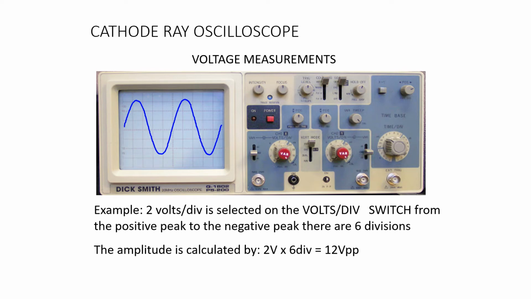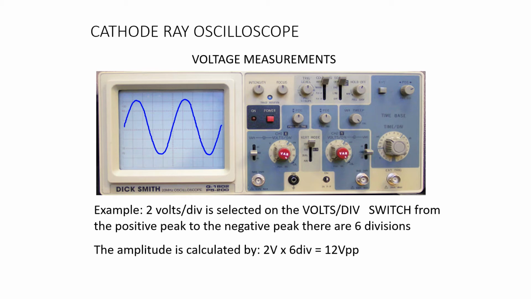The amplitude of this signal can be calculated as the number of volts per division into the number of vertical divisions from peak to peak of one cycle.